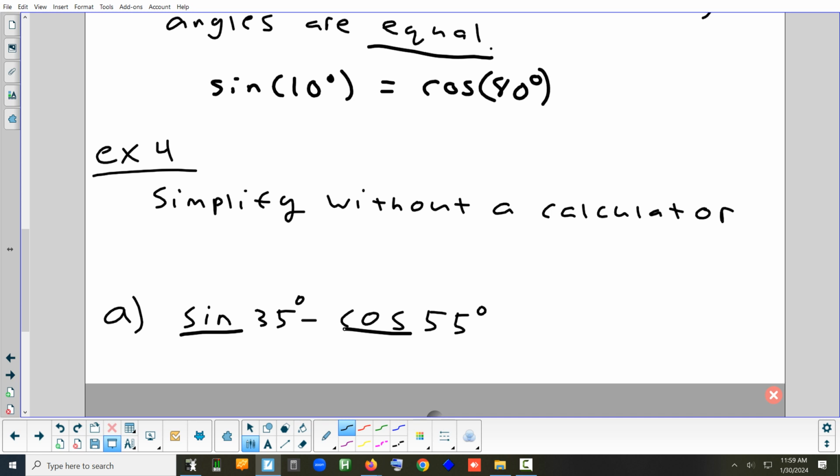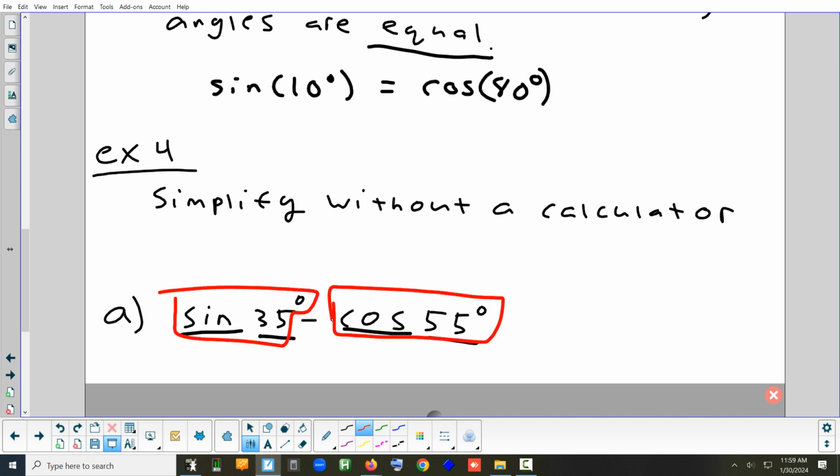Those are cofunctions. 35 and 55 are what kind of angle? Complementary. So we have cofunctions of complementary angles. So what do we know about that and that? They're equal. What's in the first red box and the second red box are exactly the same number. We don't know what the number is, but we know it's the same. That's all we need to know.